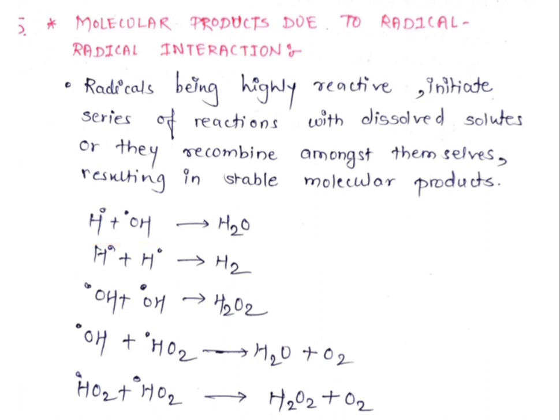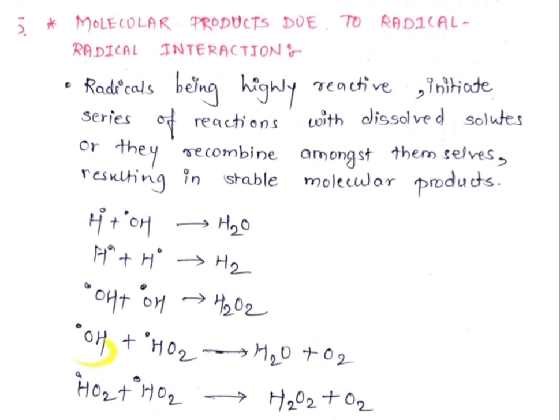The final products will be called molecular products. H radical plus OH radical forms water. Here the H radical and the OH radical combine and there is a formation of a bond, that's why a water molecule is formed. Then when H radical and H radical combine, there is a formation of H2. When OH radical and OH radical combine, H2O2 is formed.